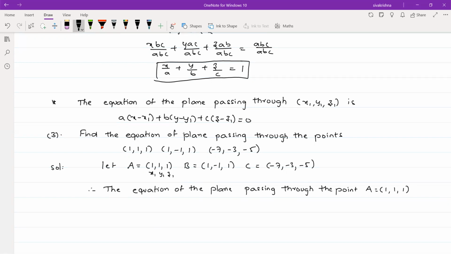So we write the above formula, that is a into x minus x1 plus b into y minus y1 plus c into z minus z1 is equal to 0.